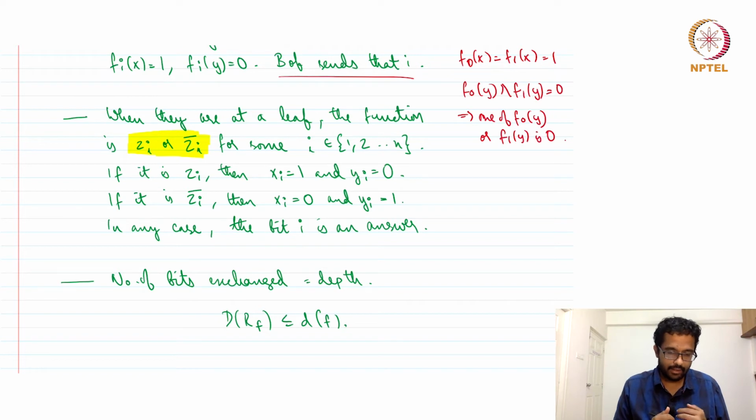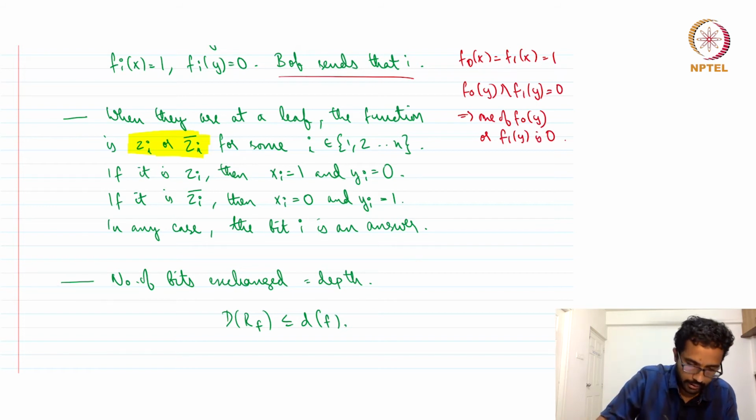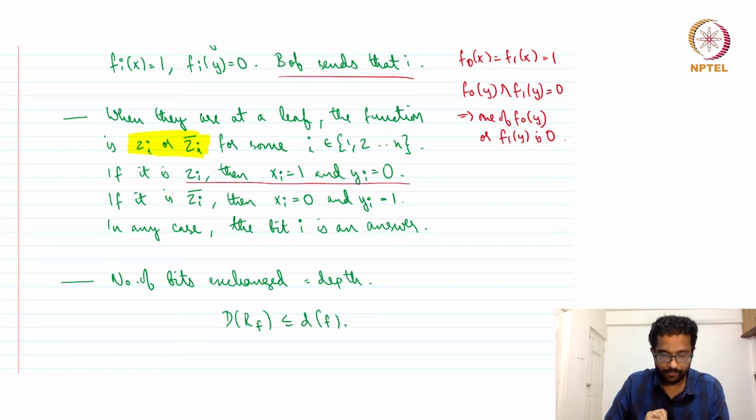Because of the induction so far, if the leaf is labeled Zi, then the function computed at the leaf is just Zi, the symbol at the ith index. Then we know that xi is equal to 1 and yi is equal to 0.